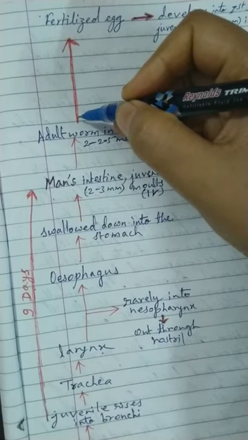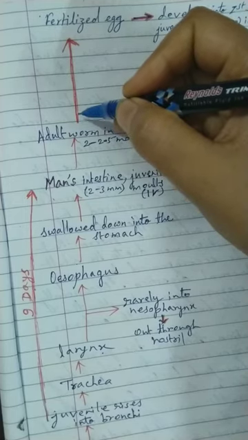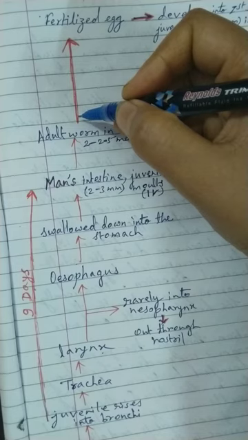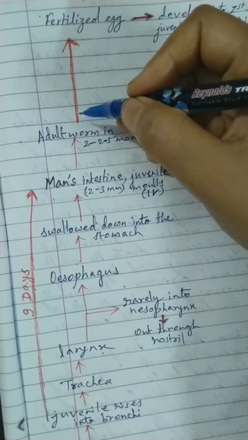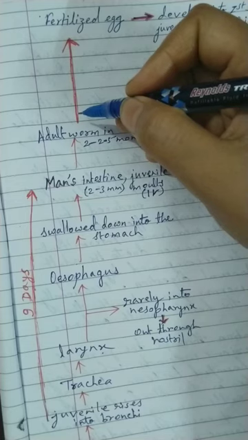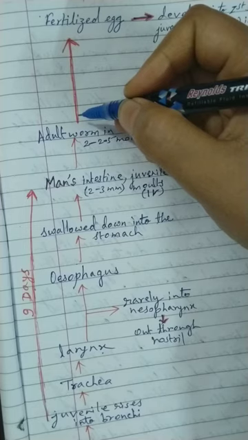If there are two, male and female, as we know that Ascaris is a dioecious organism, it needs two different male and female organisms to give rise to fertilized eggs.